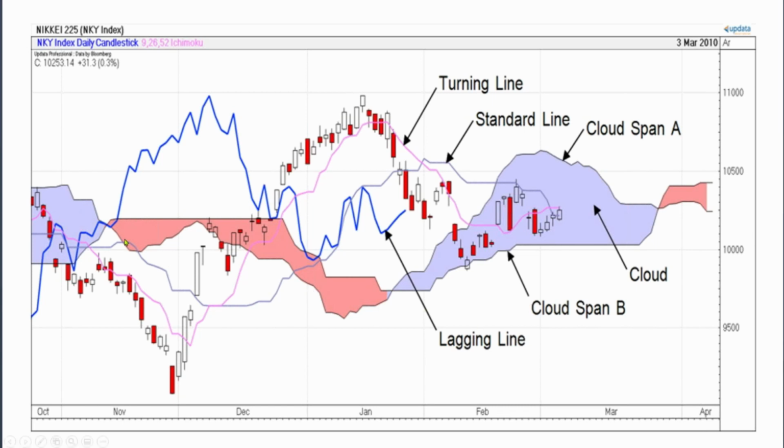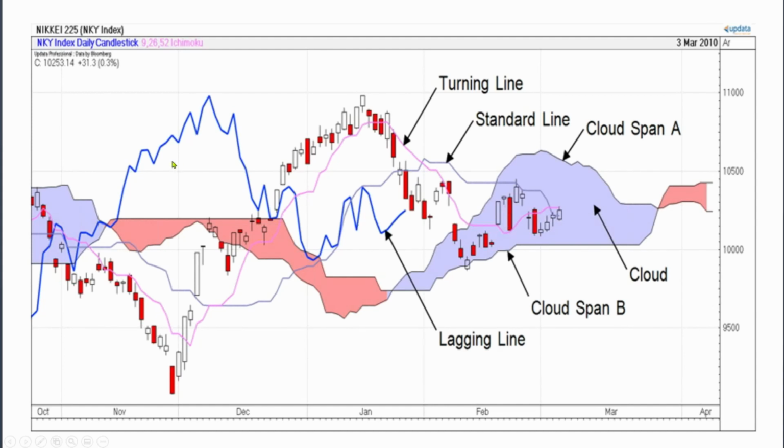You get a slower line, which is cloud span B, which doesn't change very much because it's looking back 52 bars, and you need new high low information coming in on a day to actually change that. So the cloud is really like a shorter average and a longer average, shading in the bit between those averages and pushing it forward by 26 bars.